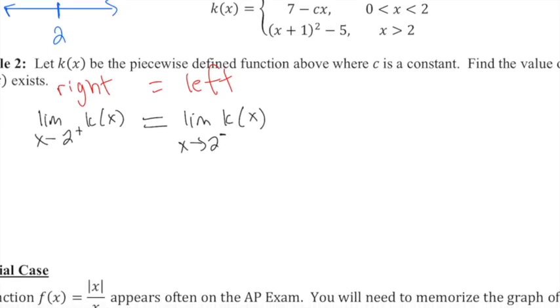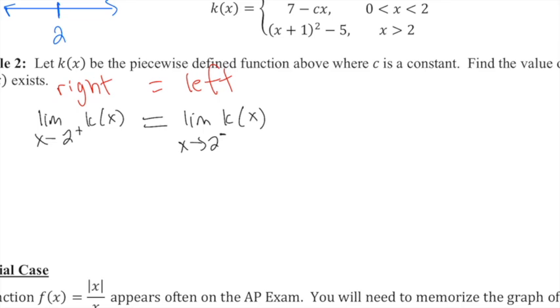All right, example 2. You will see these types of equations. These are usually on multiple choice, maybe as a part of a free response. But it basically says, here's the piecewise function where c is some constant. Find c such that the limit exists.